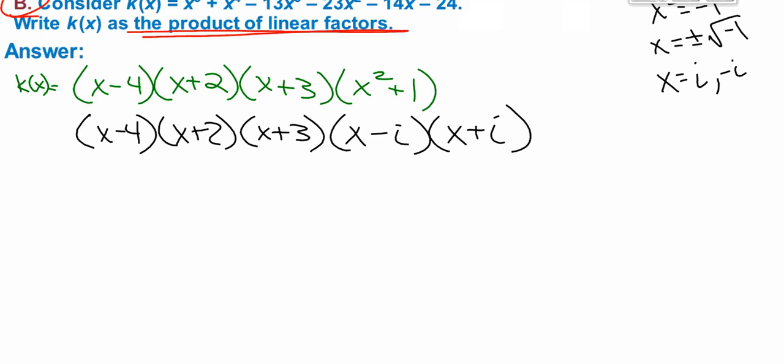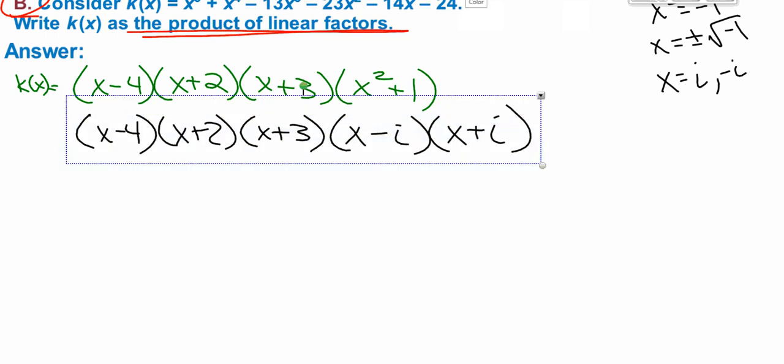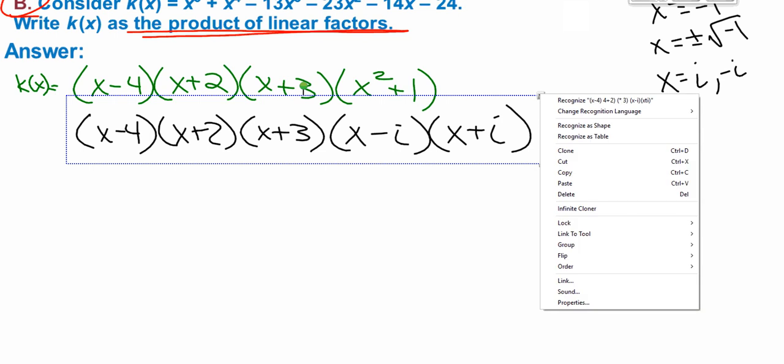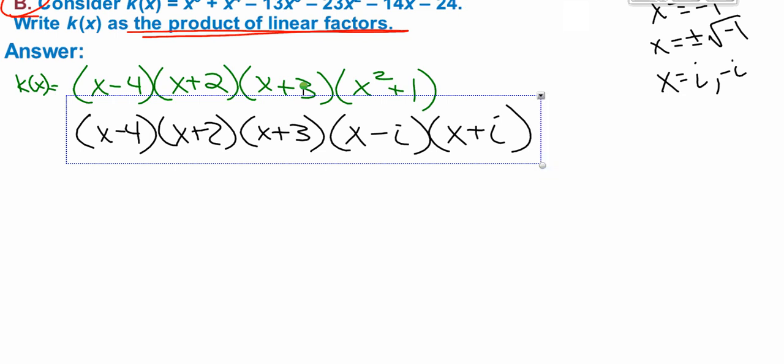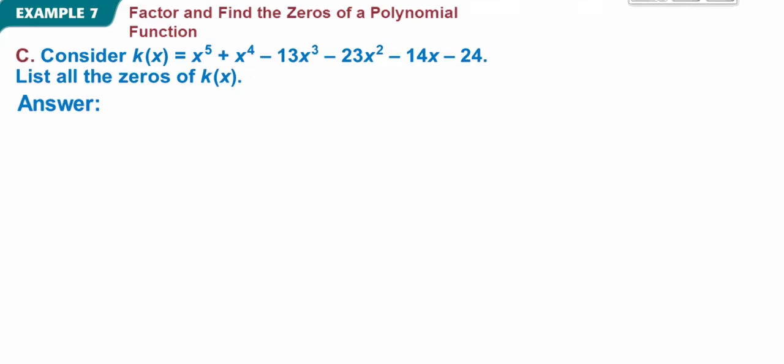And so the next one is list all of the zeros. Oh, so part C, we've got this, right? Copy. Part C is the same problem. Ready for it? So that was all the factors, right? Linear factors.